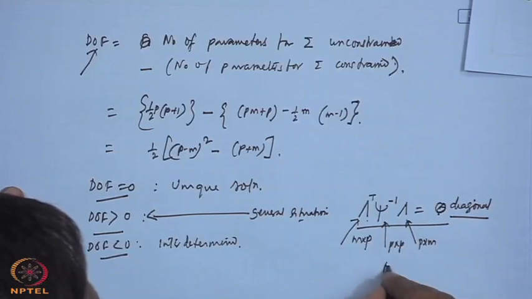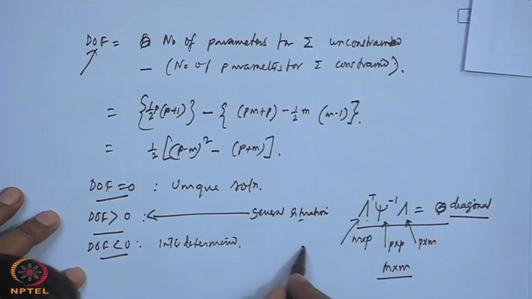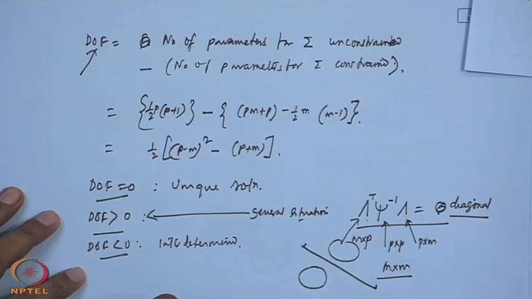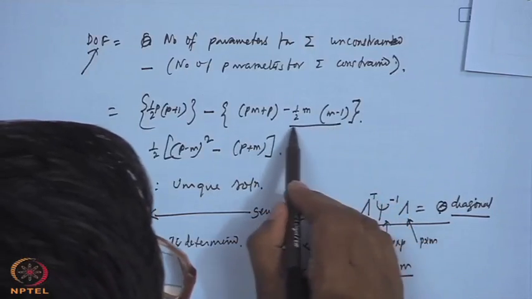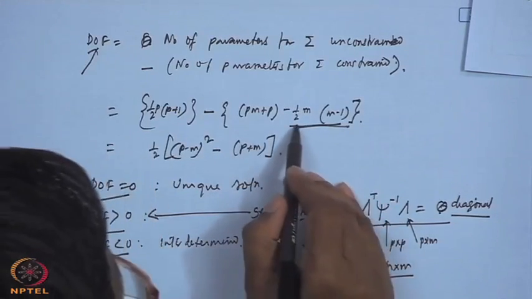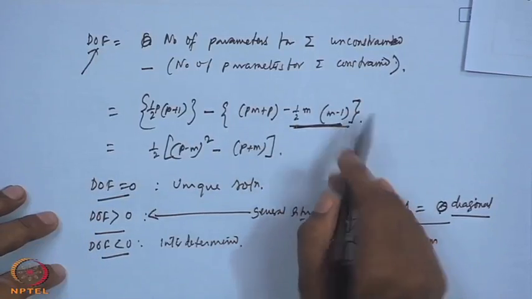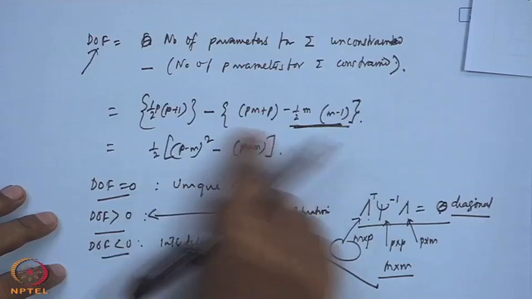So, the resultant will be m cross m. Ultimately, the diagonal elements, m elements, will be there, and the off-diagonal elements will become 0. As a result, this is the number of parameters you are relaxing, you are basically fixing to 0.